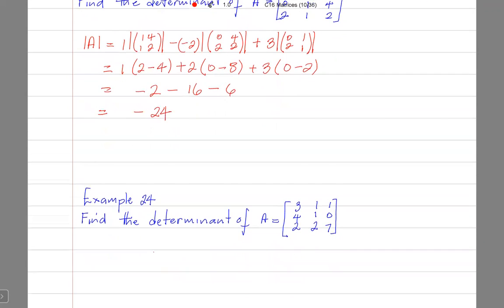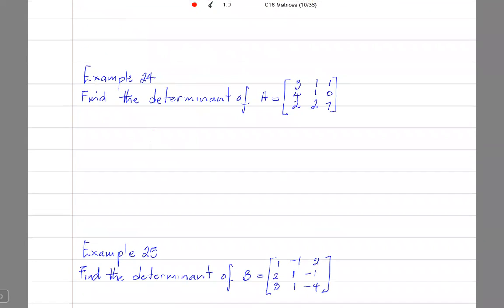All right. Example 24, we're to find the determinant of A. Here, the determinant of A would be equal to 3 times the determinant of 1, 2, 0, 7, and then minus 1 times the determinant of 4, 2, 0, 7, plus 1 times the determinant of 4, 1, 0, 2.